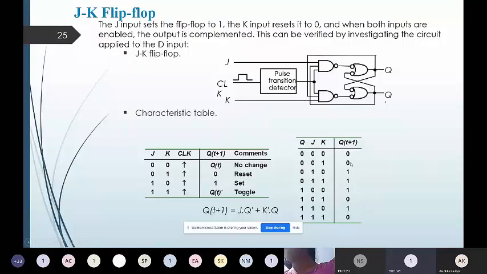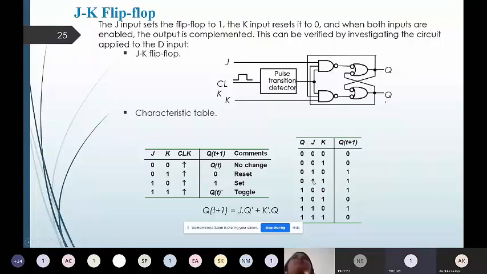Now, the next input combination is J is 1 and K equal to 0. This present output is 0, but as J value is 1, which will drive this flip-flop into the set condition, that's why here the output of Q of t plus 1, that is next state, will be 1. The next condition is that when the present output is 0 and both J and K are 1.